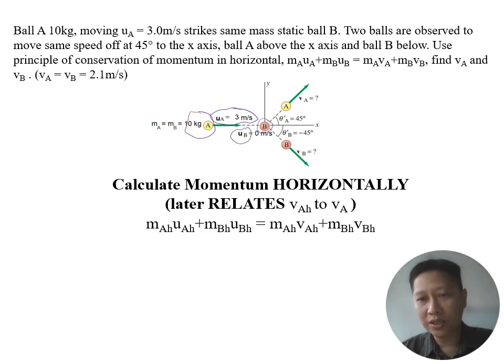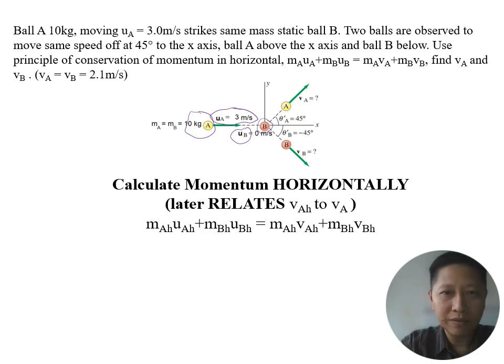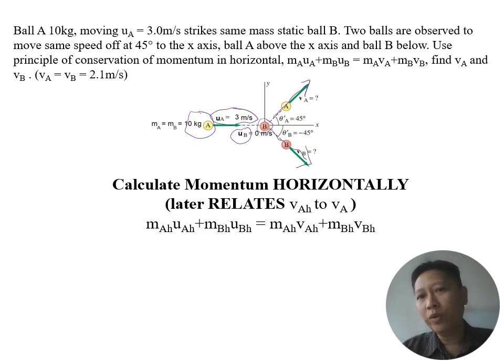Then after the collision, ball A moved 45 degrees to the top, and ball B moved 45 degrees to the below. Since they are moving at the same angle, we can say that both the yellow and brown balls, A and B, will have the same magnitude of velocity.